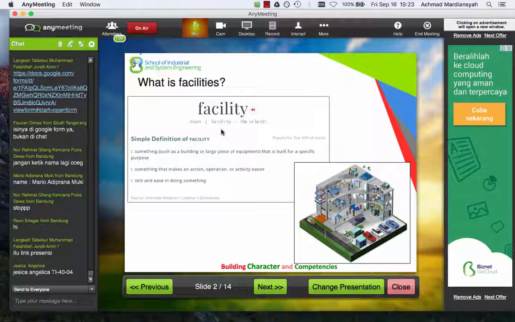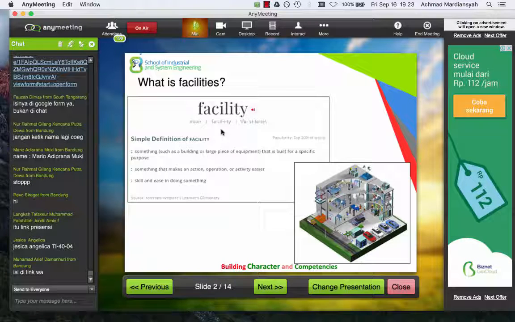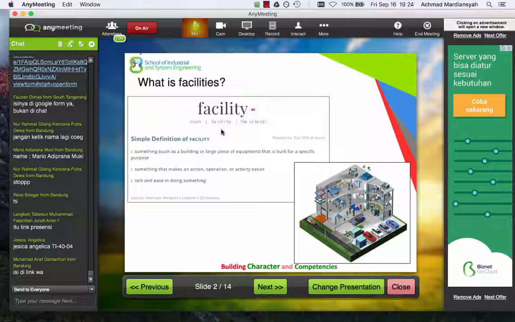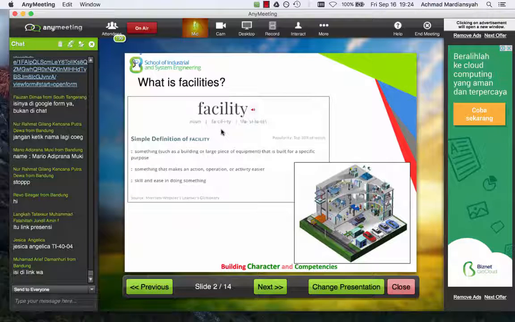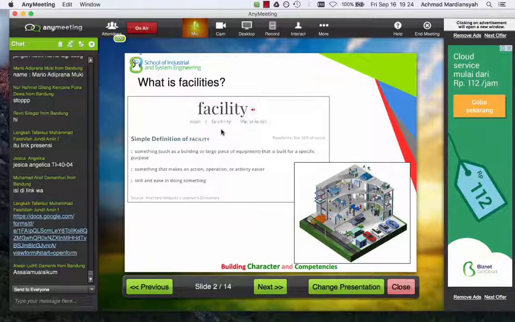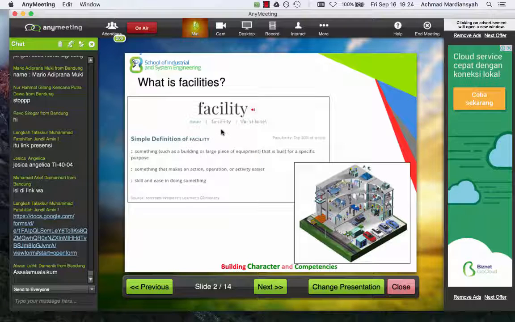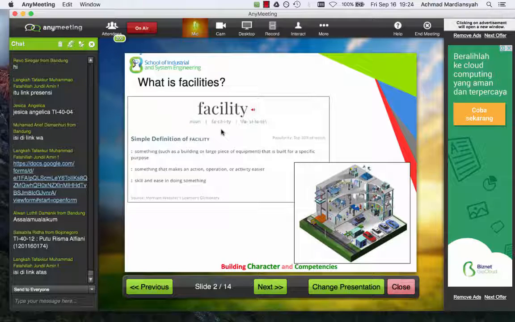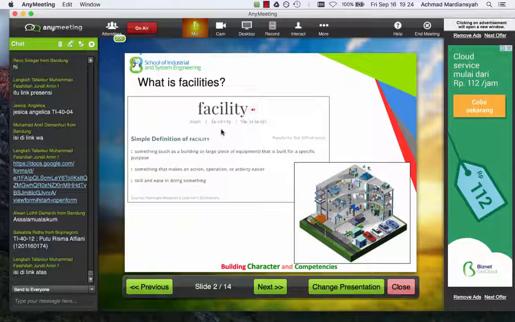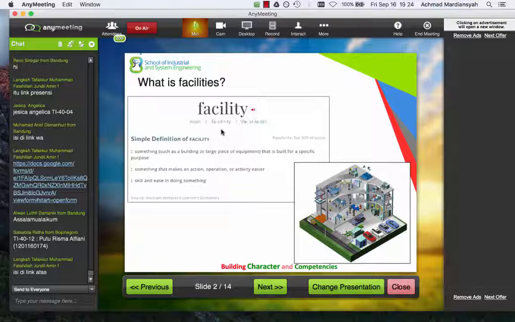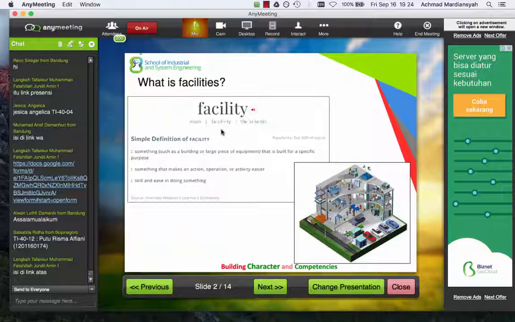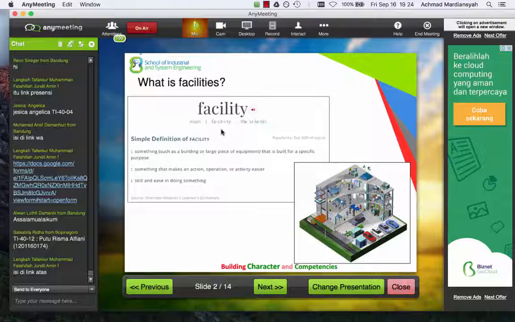When we talk about manufacturing, industrial engineering is usually based on manufacturing organizations. So a facility is something or an object, can be a machine, can be a room, can be anything that is built for a specific purpose.